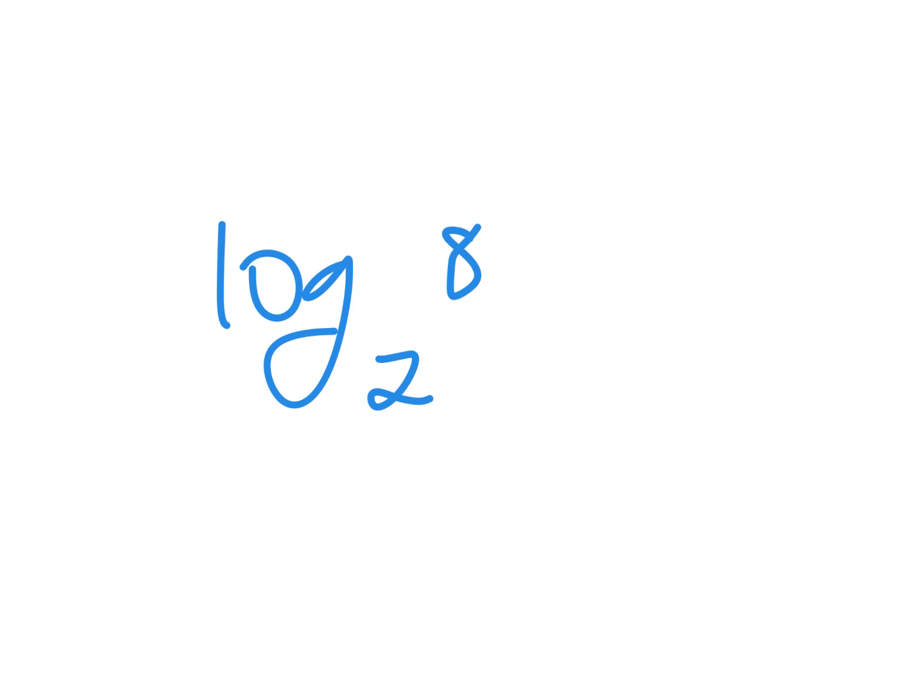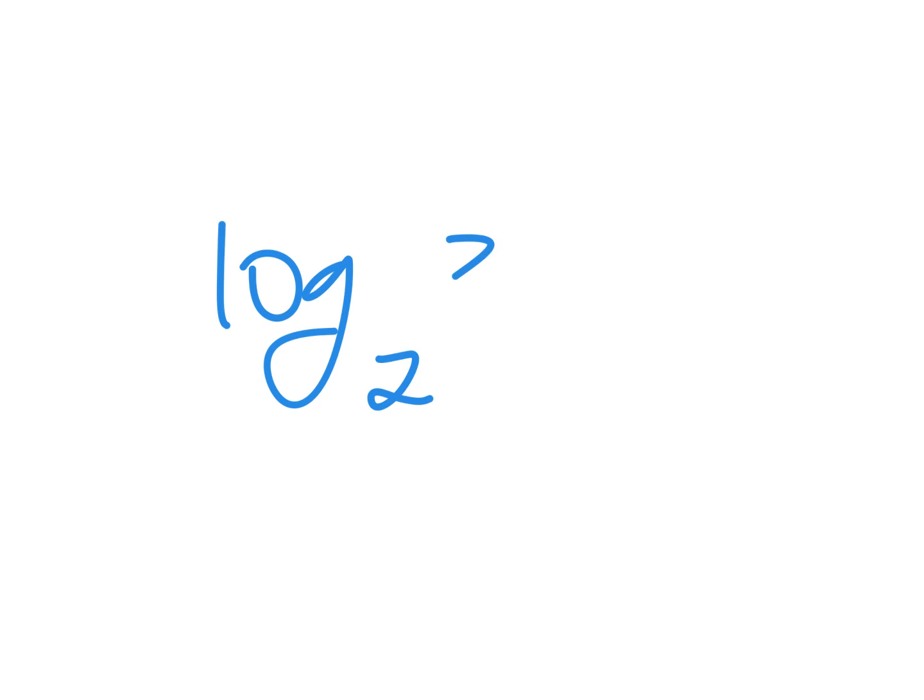Okay, good. So here's another one where the bases aren't the same, but you could make them the same. Log base 2 of 8. They don't have the same base, but they could. McLean, what could 8 be written as that would make it so the bases are the same? Exactly.